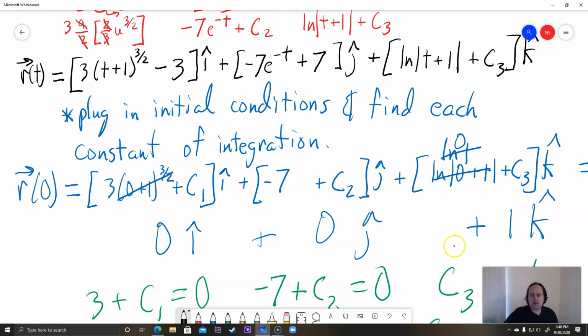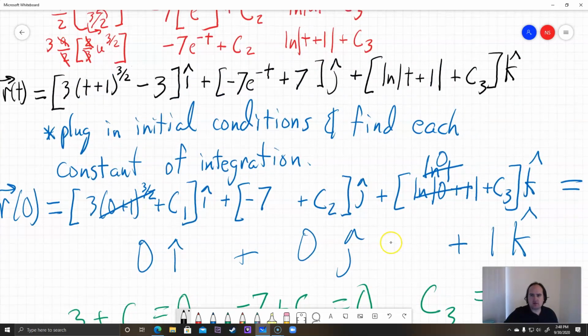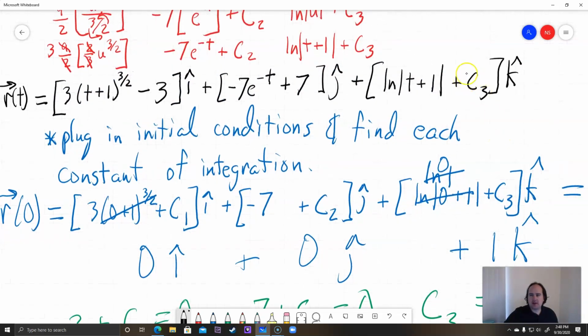And then for our third component, we said C3 is +1. So plugging in here, we're going to replace that C3 with +1. And then this right here is actually going to be your vector function. That's actually what they want you to write as your answer.